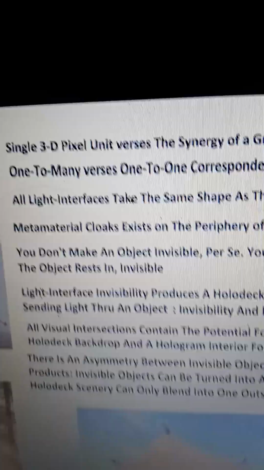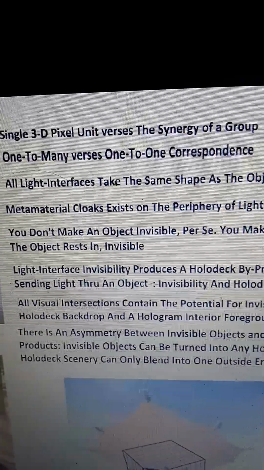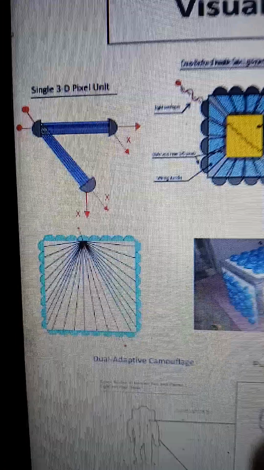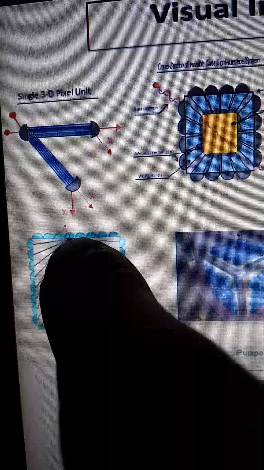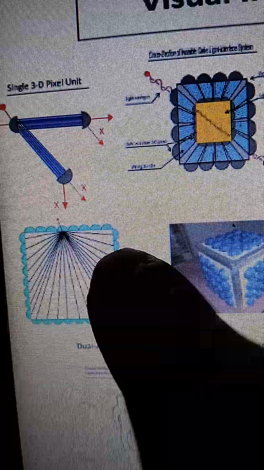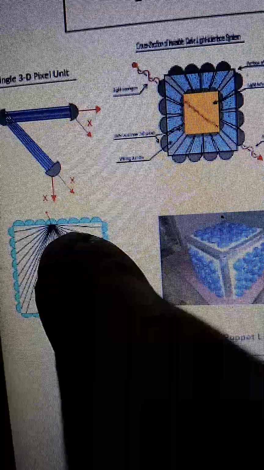And this sort of ties in with the second statement, one-to-many versus a one-to-one correspondence. This is a one-to-many wiring. If you wanted to make something invisible, you'd have to wire each 3D pixel element to all the others in a simple wiring without the light interface concept.